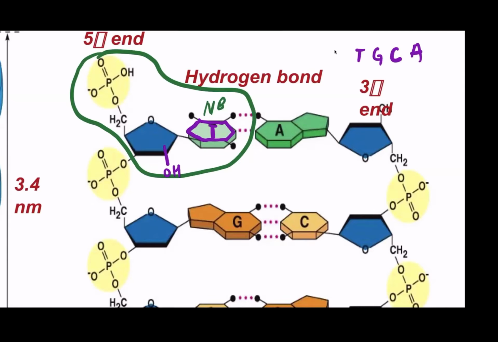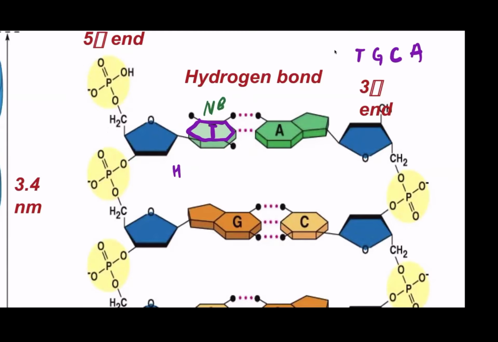If this oxygen is missing and only H is present, we call it deoxy. And deoxyribose is present only in DNA. That is the one difference. DNA is double-stranded. You can see there are 2 strands. RNA is single-stranded.